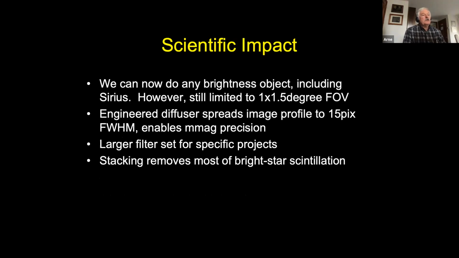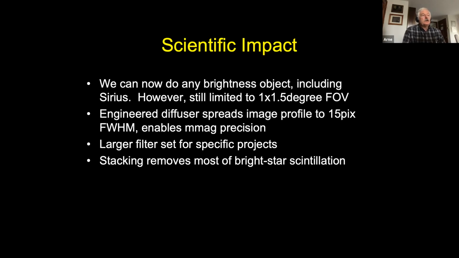So what this means is that we can now do any brightness object up to and including Sirius. You're limited to a 1 and 1.5 degree field of view, which means comparison stars are going to be difficult with the bright stars, but we can image them. It's not impossible.